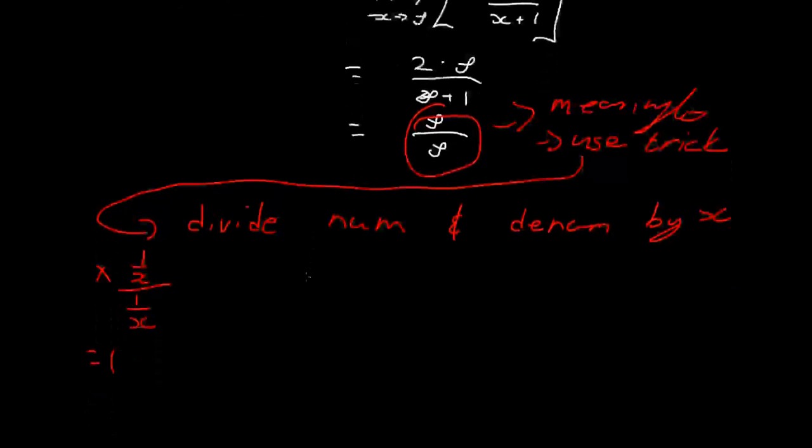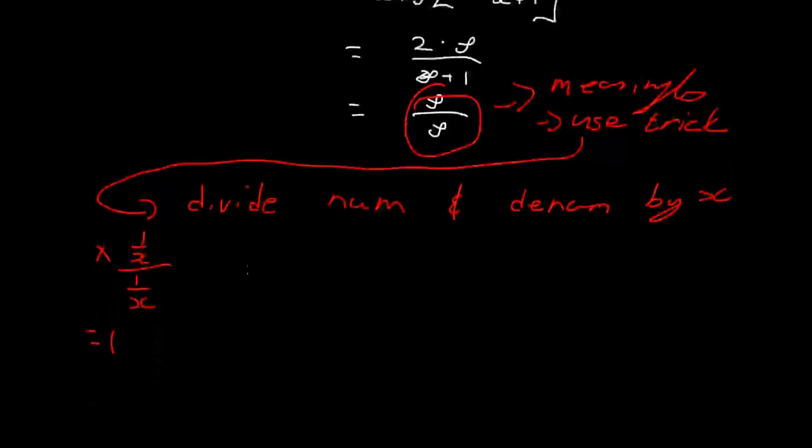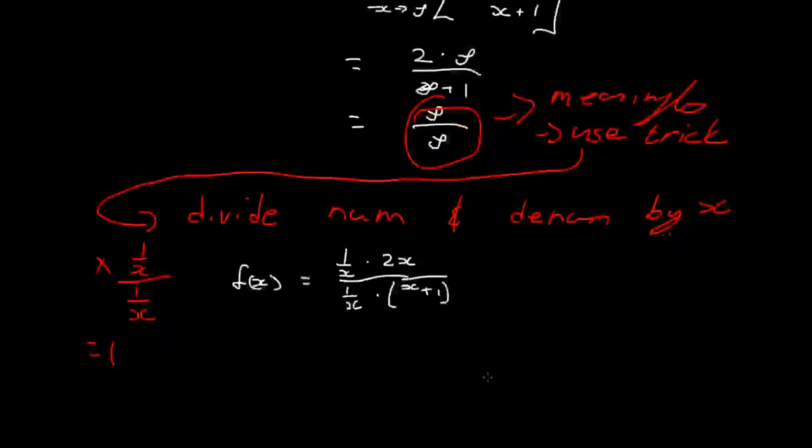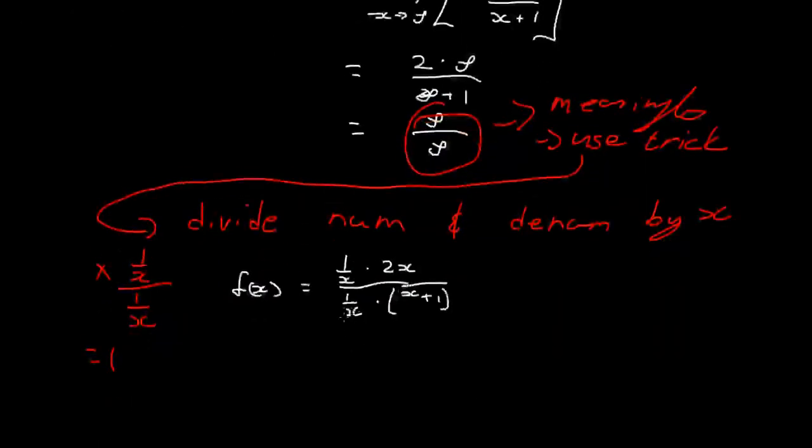So let's quickly do it. So now we say f of x equals 1 over x times 2x over 1 over x times x plus 1, right? So you'll see that these two cancel out because it's just 1.